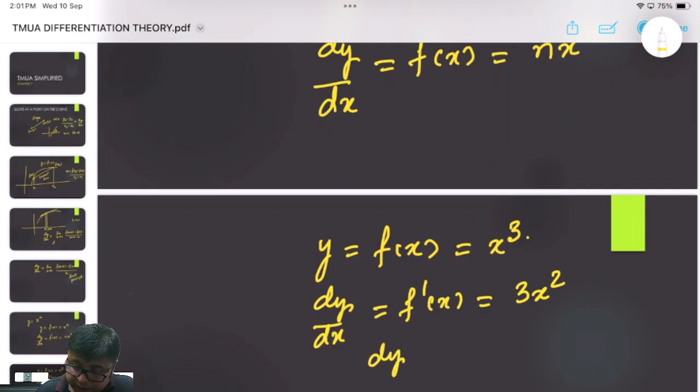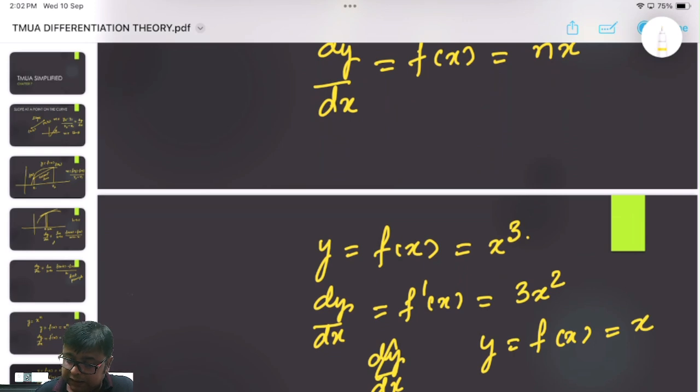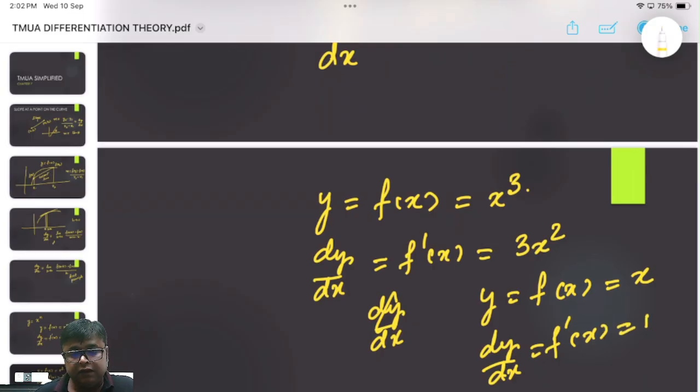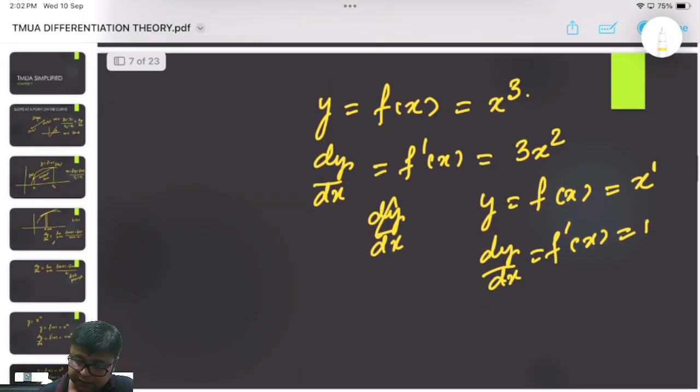Similarly, if y is equal to f(x) is equal to x, we can directly say dy by dx or f dash x is 1, right? Because the power is 1, 1 will go here and 1 minus 1 is 0. So x to the power 0 will be 1 only. So that's what it is.